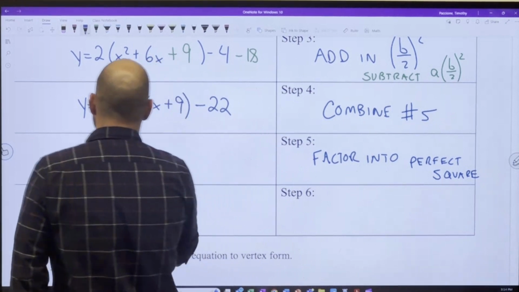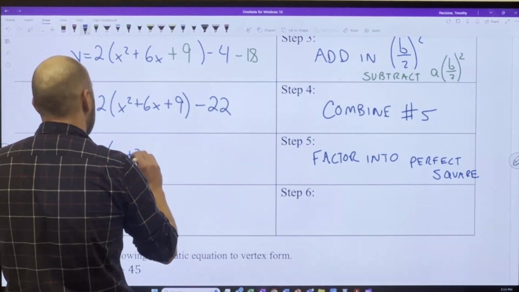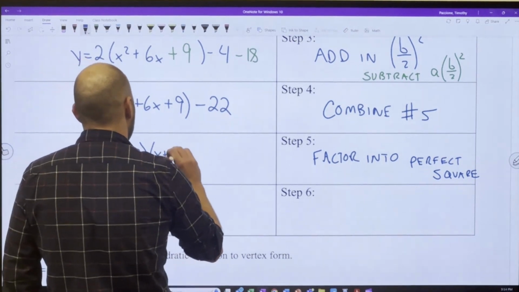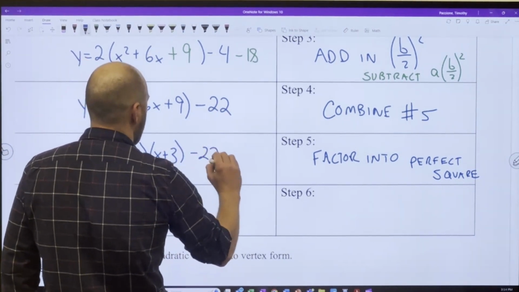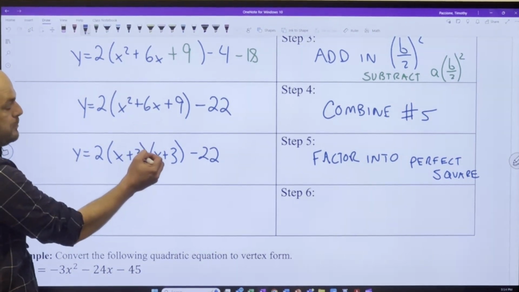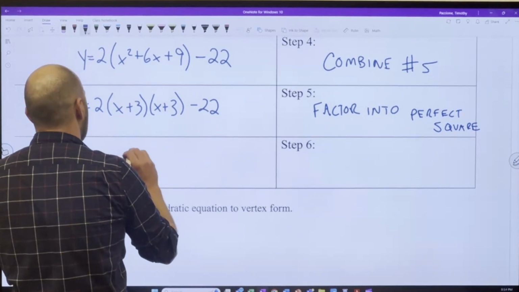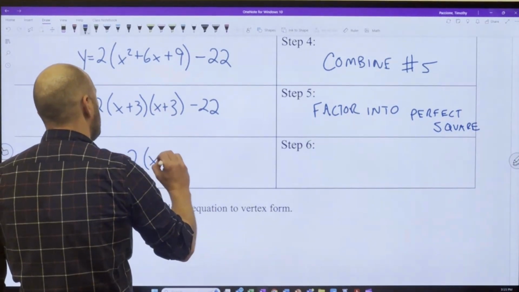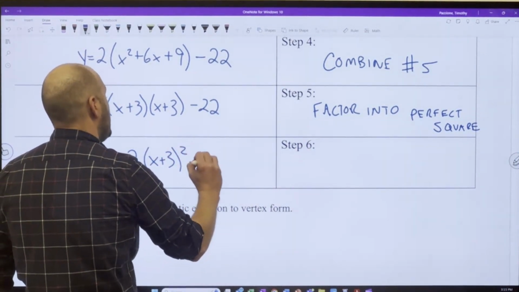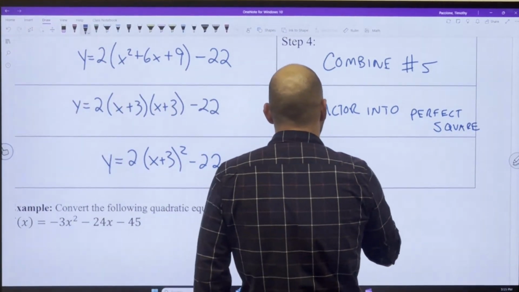So this becomes y equals 2 times x plus 3, x plus 3 minus 22, right? Just b divided by 2 in each spot. And then I can turn that into vertex form by restating it as x plus 3 squared minus 22, okay? So last step is rewrite in vertex form.